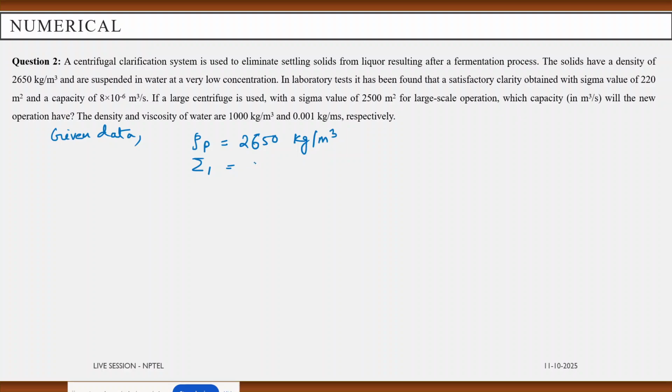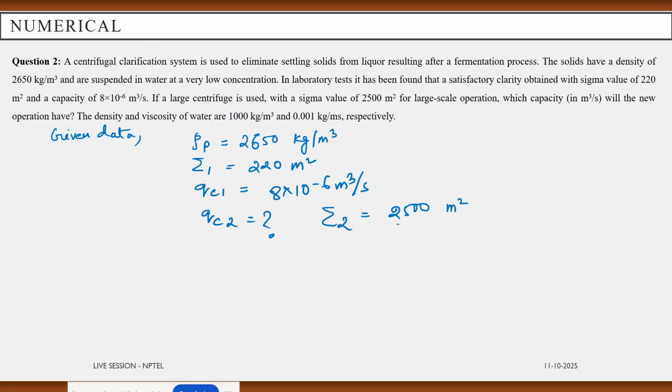Condition 1, that is 220 meters square. Condition 1 was, what is the Qc when condition 2 sigma is some meter square. So we know that Qc is proportional to sigma.